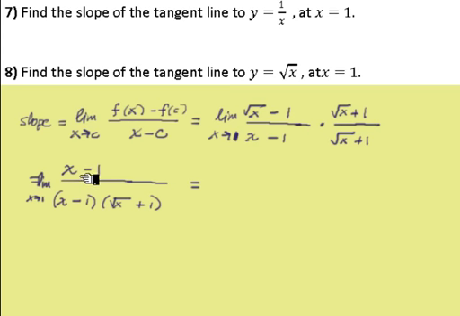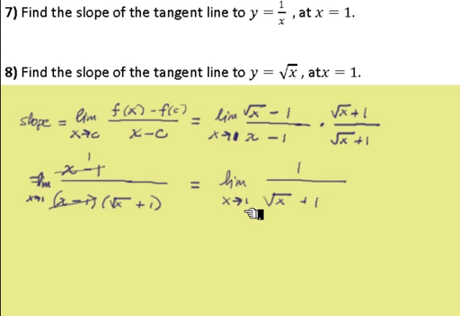This x minus 1 cancels with an x minus 1 in the numerator, so that's why we did this manipulation. We wanted that x minus 1 to pop out in the numerator. Okay, so let's do that. And we're left with limit x goes to 1 of 1 over square root x plus 1.